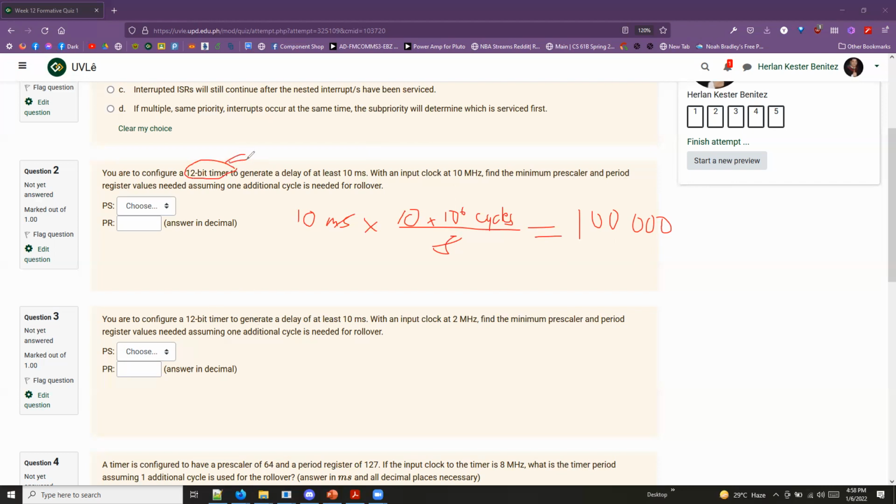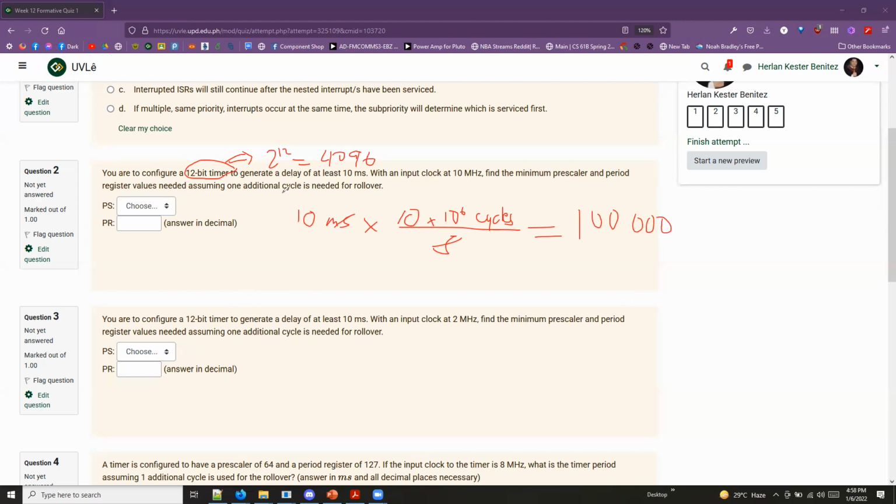that means yung maximum value niya is 2 to the 12 or 4096. So, we actually need to use a prescaler kasi we can't store 100,000 sa ating 12-bit na timer.